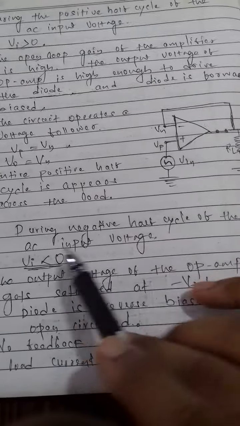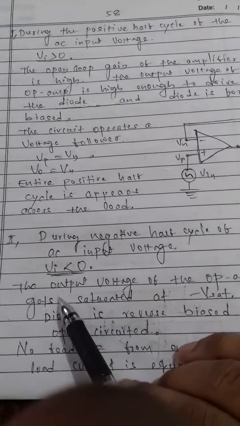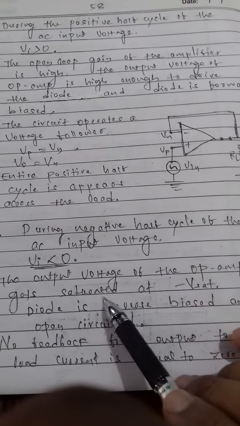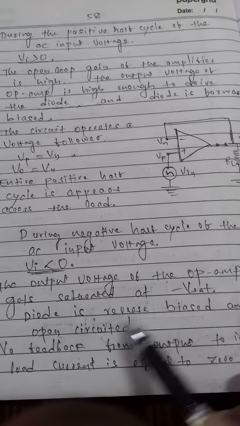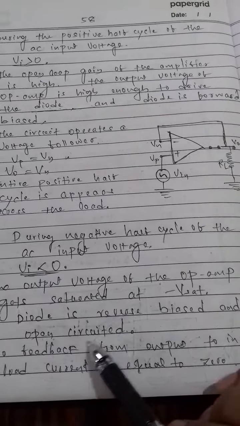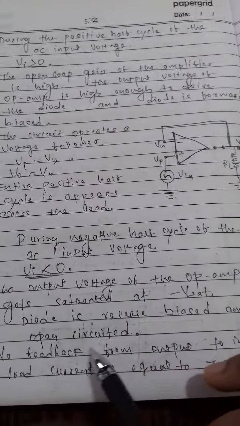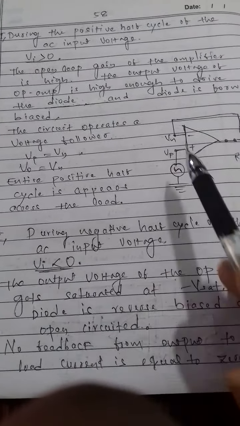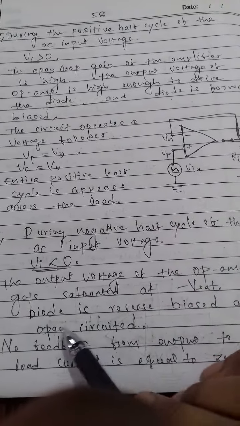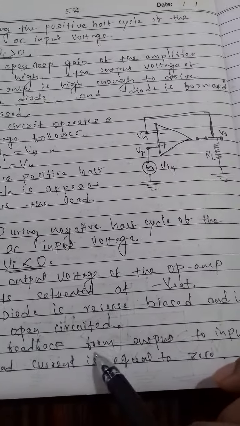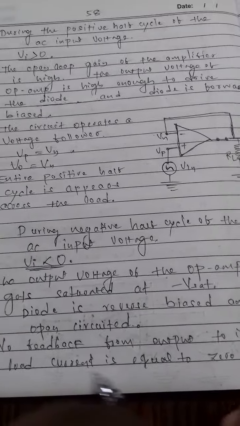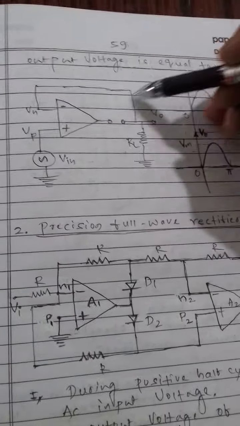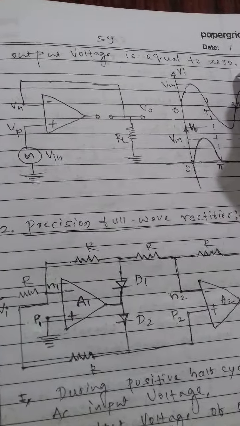During the negative half cycle of the AC input voltage, input less than 0, the output voltage of the op-amp gets saturated at minus V saturation. The diode is reverse biased and is open circuited, so there is no feedback from the output to the input, the diode current is equal to 0 and load current is equal to 0, so that the output voltage is equal to 0.